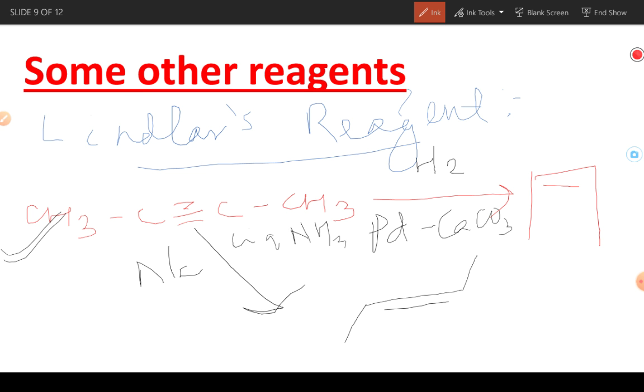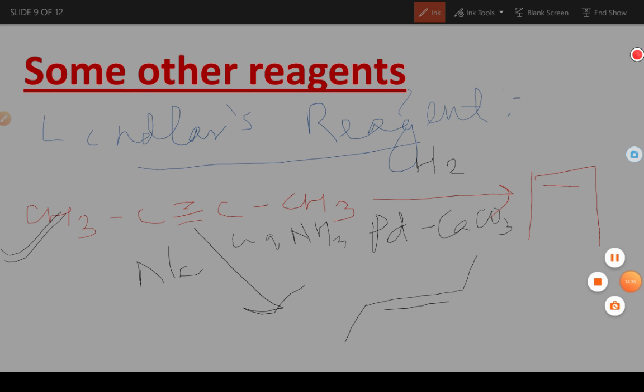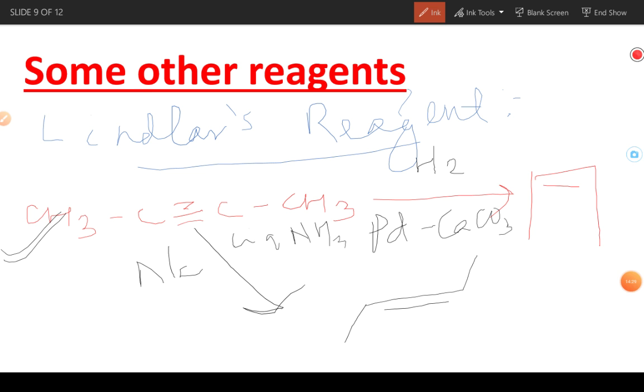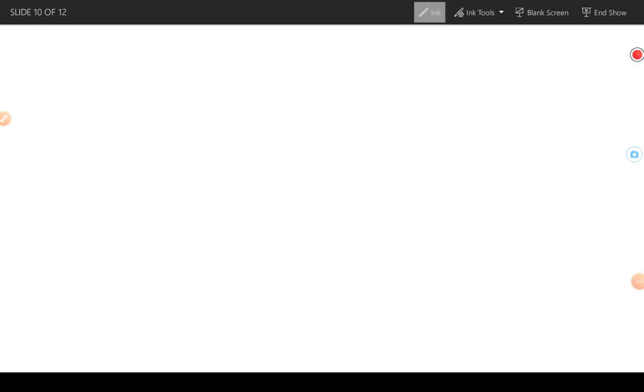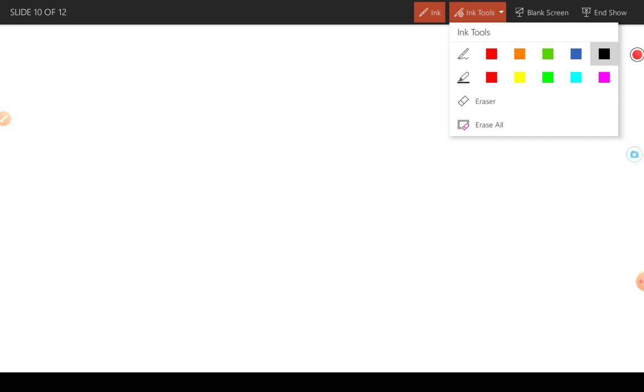And another most important one is your Grignard reagent. Grignard reagent, what does it do? It forms alcohol. For the Grignard reagent we are going to see in the next page. It is also very very important.